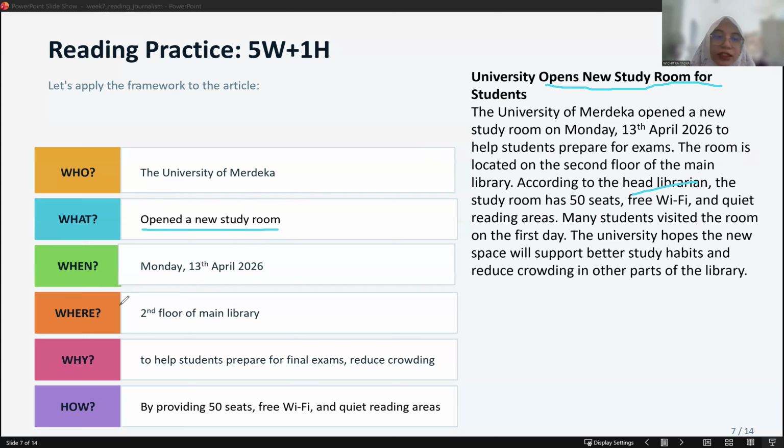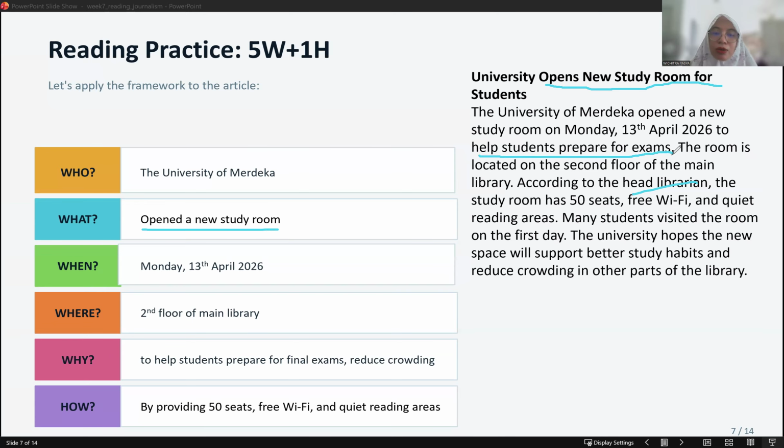The study room is on the second floor of the main library. And why did they open this study room? You can have a look in the text. First, they open it to help students prepare for exams.